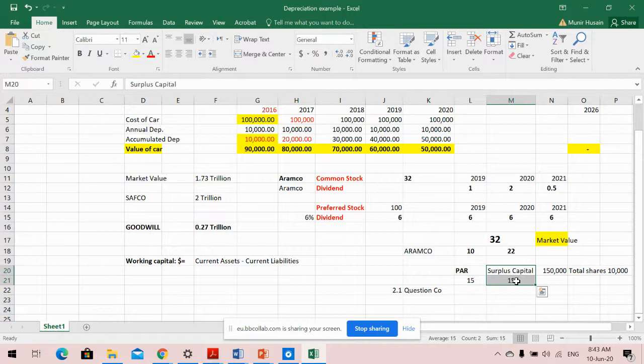Is this clear? Now, capital surplus. Is it clear to everyone how we get this 15?